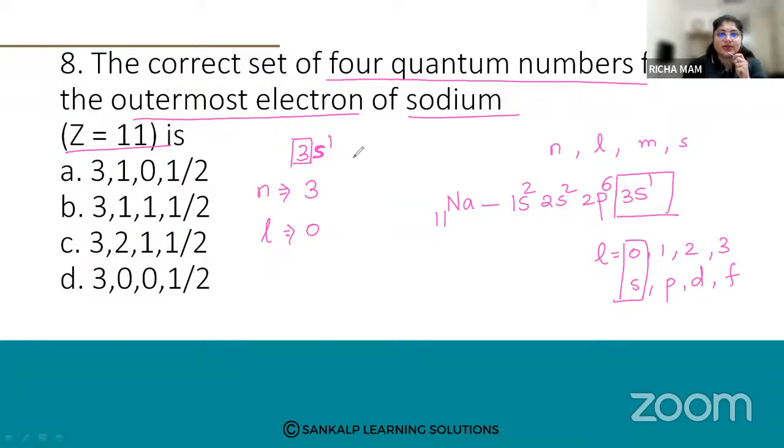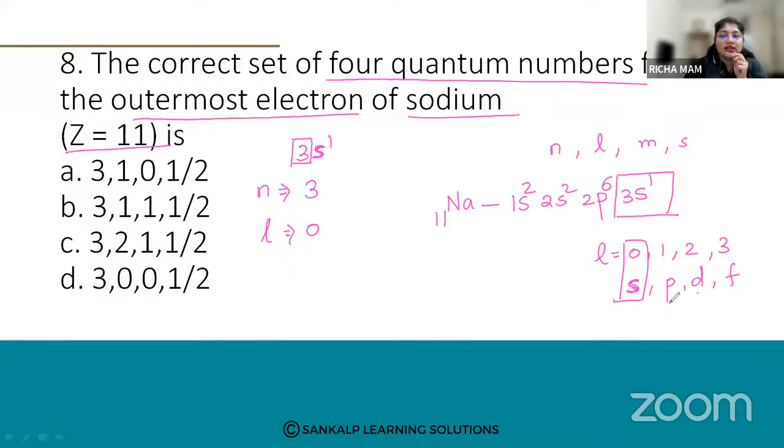What is the principal quantum number? It describes the main shell of the orbital of the electron. What does the azimuthal quantum number tell you? It tells you the shape. The L value starts from 0: if L is 0 it is an S orbital, if 1, P, if 2, D orbital.